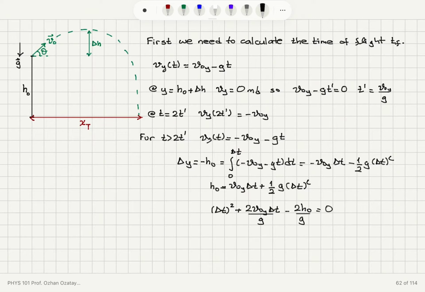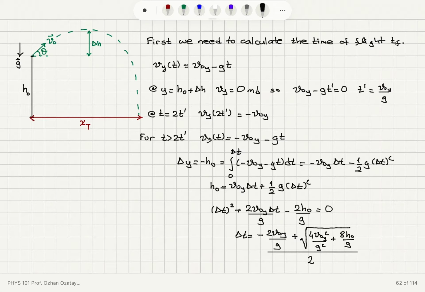So the answer will be delta t equal to minus b, which is minus 2v0y over g, plus, we won't take the minus sign because the time interval should be positive, plus the square root of b squared minus 4ac, which is 4v0y squared over g squared plus 8h0 over g, divided by 2a, where a is equal to 1, so it's 2.